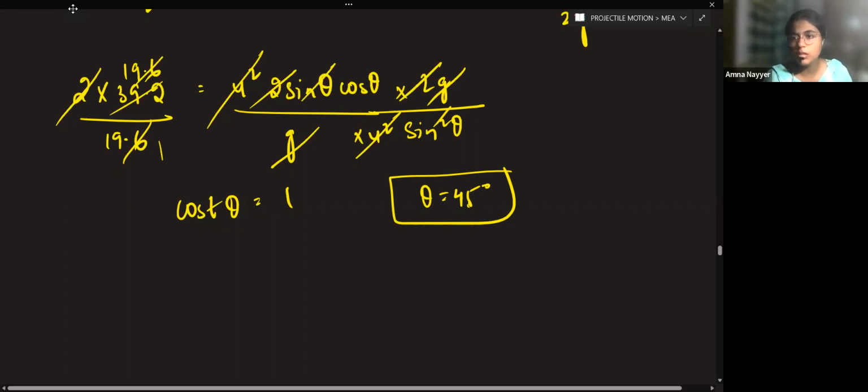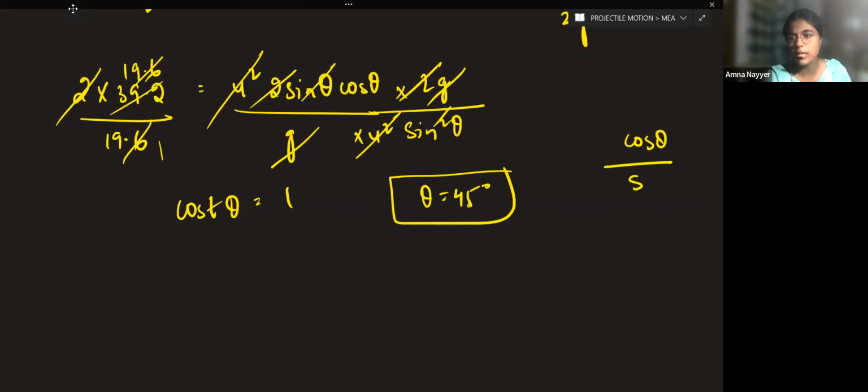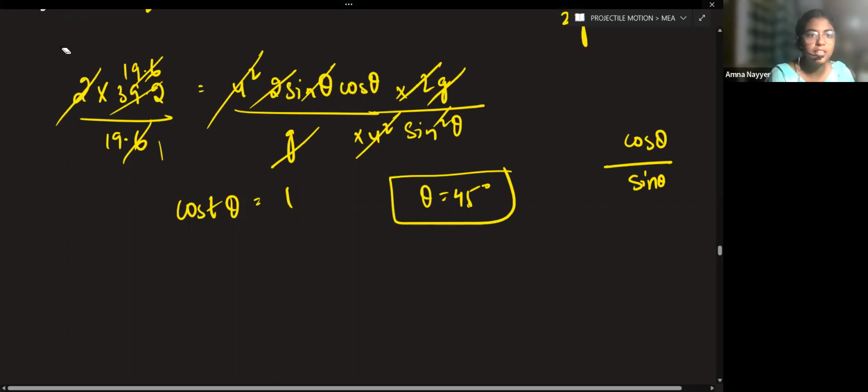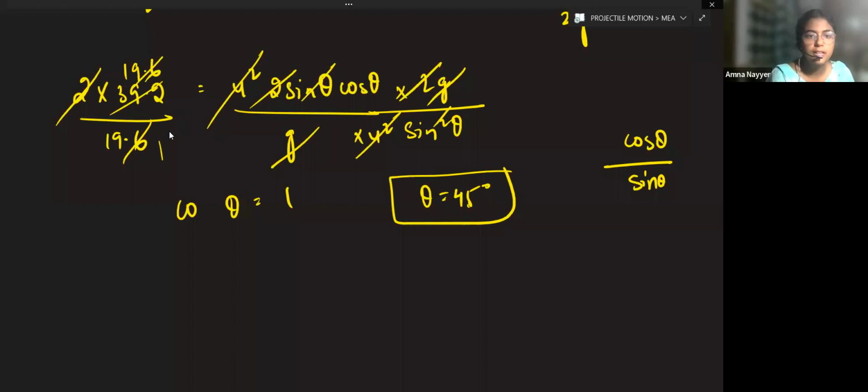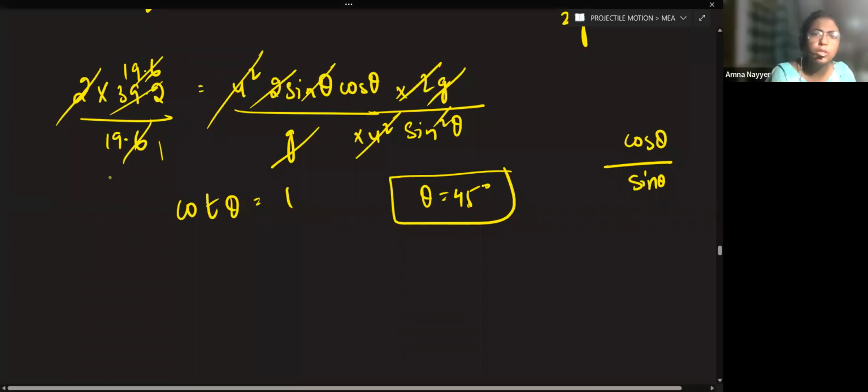You were left only with cos theta divided by sine theta, which is cot theta, equal to 1. That is, your theta is 45.